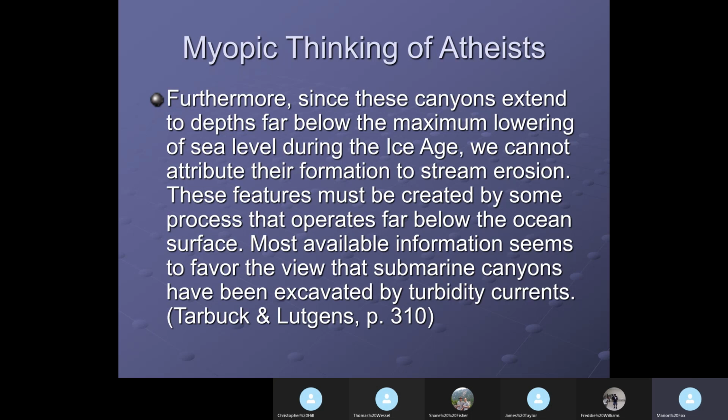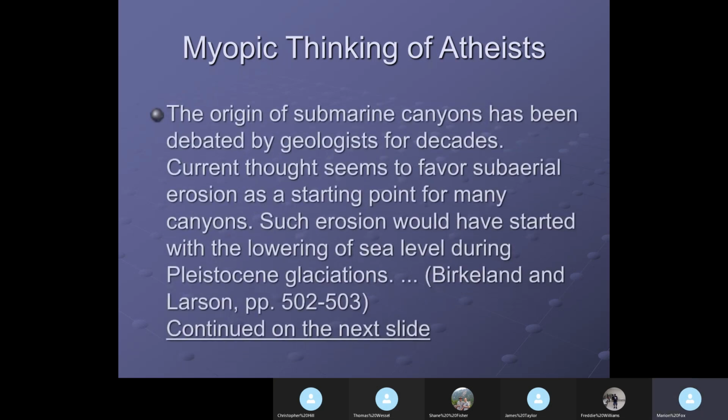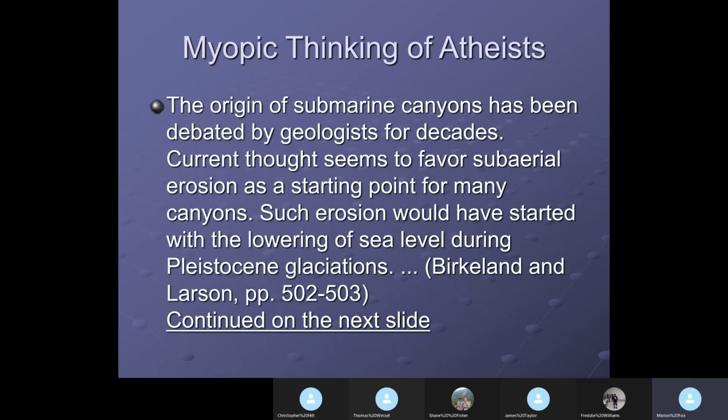Now, most available information seems to favor the view that submarine canyons have been excavated by turbidity currents. So that's the claim. Turbidity currents are just water moving along the bottom of the ocean. The problem with that is other atheists don't believe that turbidity currents can do it.